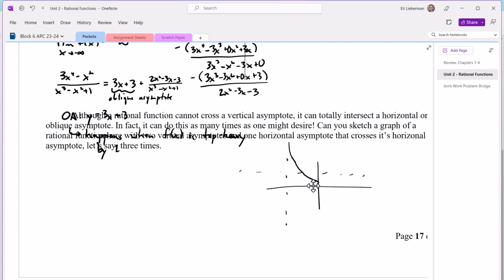All that we know is that eventually it's going to have to come back and adhere to that horizontal asymptote. So it could be crossed somewhere when x is small. And when I say small, it's relative to infinity. So usually between negative 10 and 10 or so. So very often the horizontal asymptote can be crossed.